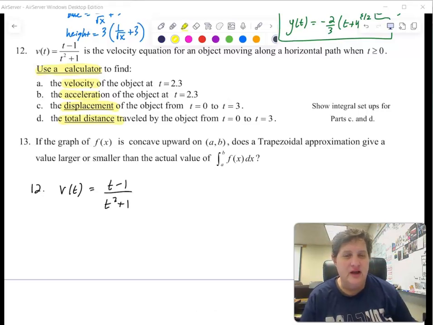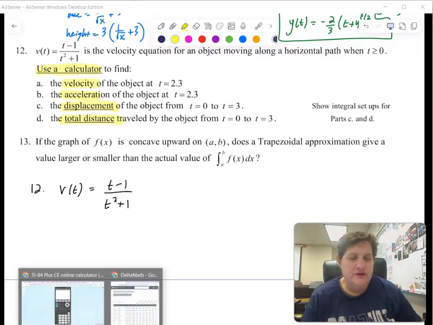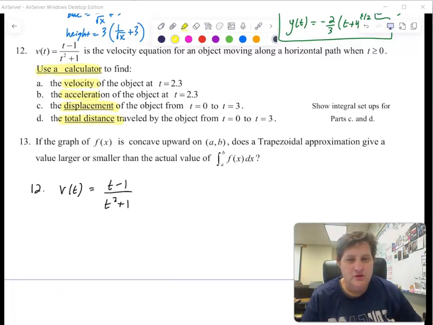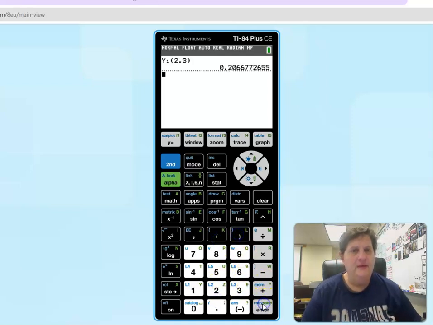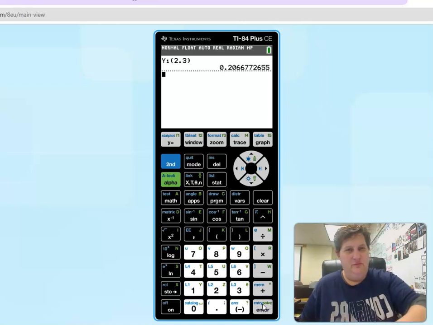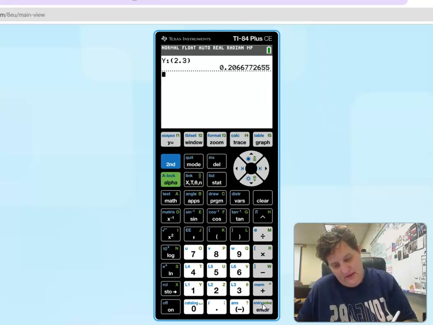Well, this is the velocity equation. So all it's asking me to do is plug in 2.3. The way you do that is you go alpha trace y1 of 2.3. And I get that. That's my velocity, 0.206. Okay, let me note that.